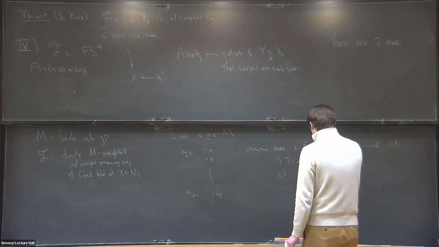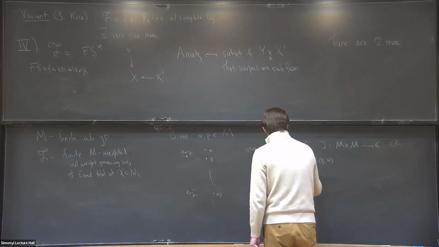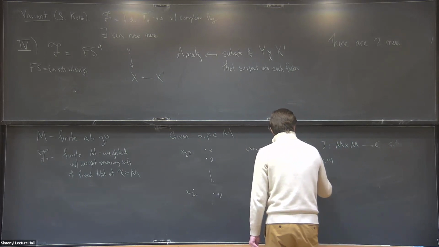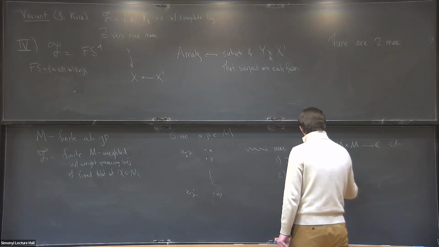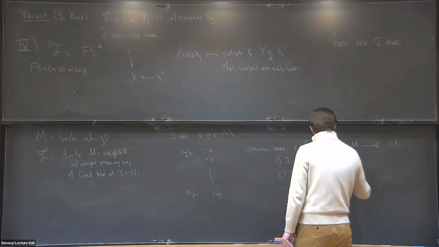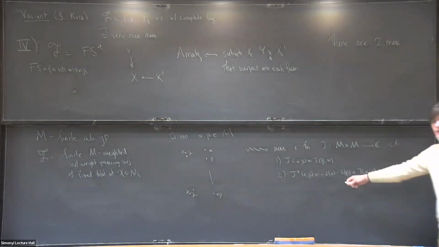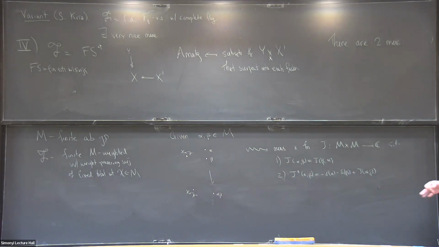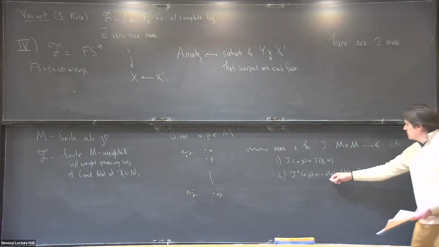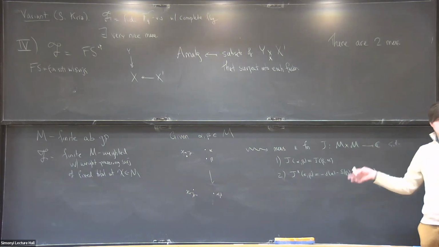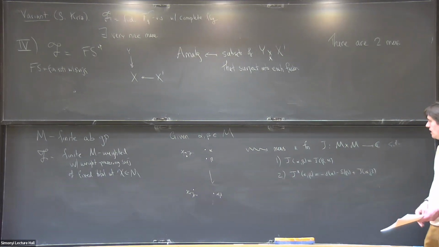Second, if you make a slight modification of J, which I'll call J star, where you subtract off delta alpha and delta beta, here delta alpha is 1 if alpha is the identity element, and 0 if alpha is not the identity. So this is just J of alpha beta, maybe minus 1 or maybe minus 2. And the condition is that J star should be a 2 cocycle.